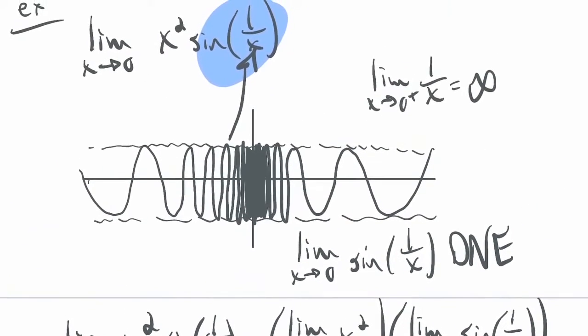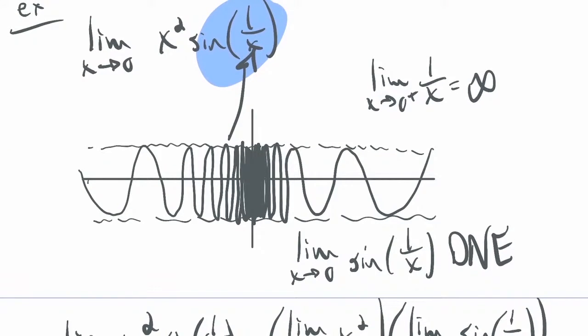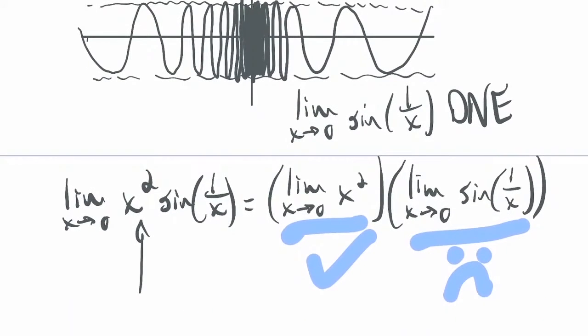It's called an oscillating limit. It doesn't exist because the graph bounces up and down too fast. It doesn't settle on a single value. So you can't apply the product rule. Product rule does not apply. So the fact that this is 0 when you plug in 0 doesn't matter. It's irrelevant to the problem, because, again, you cannot apply the product rule here.